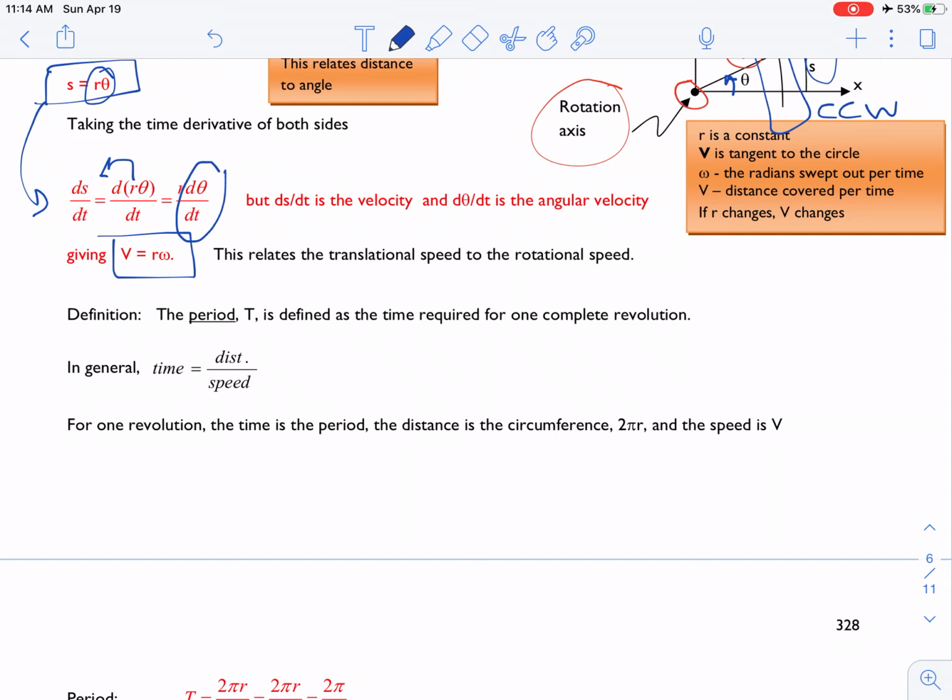So you already know this. So the period is a time, but it is a special time. It's for one cycle. So you know that time is equal to distance over speed, right? And we know that the distance for one cycle is 2 pi r. And speed is the linear speed, so we're going to start from there.